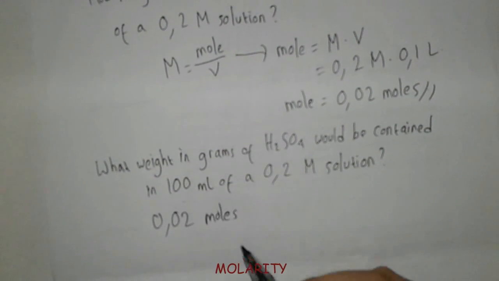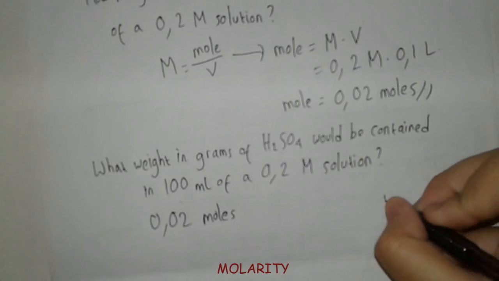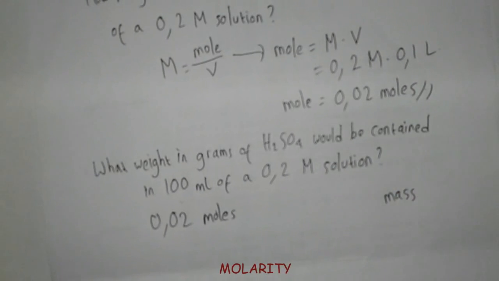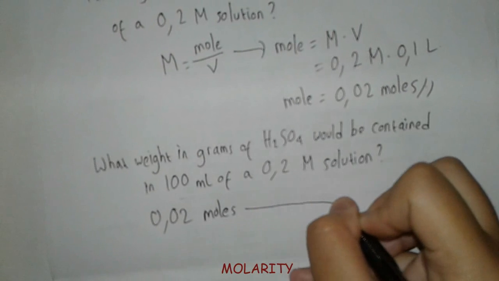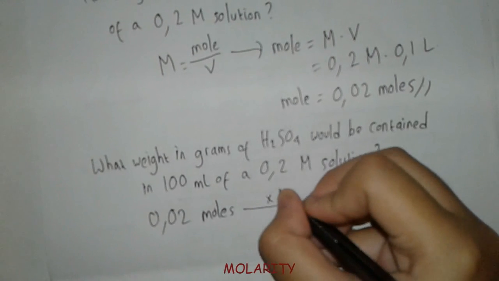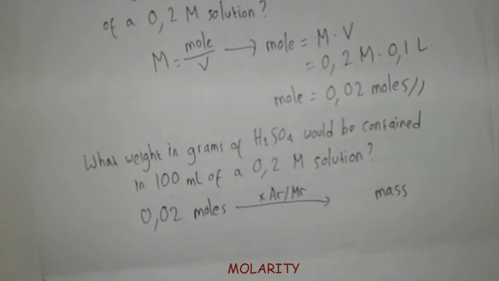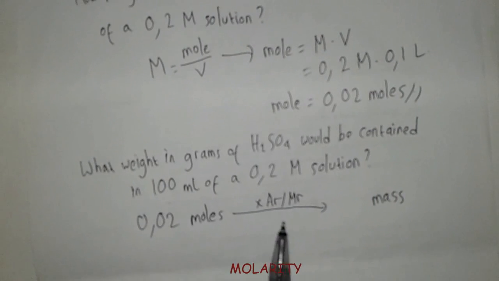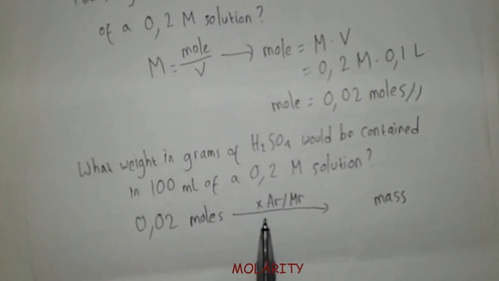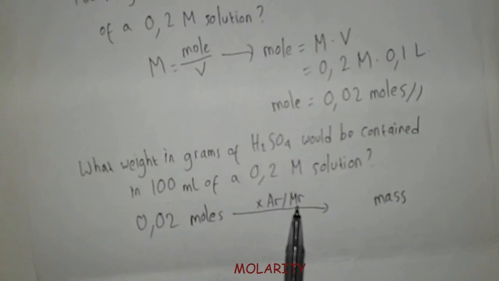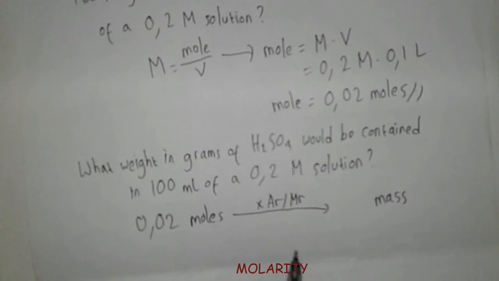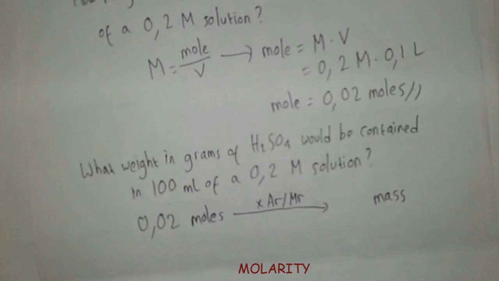To convert moles into grams, we just need to multiply moles by the atomic relative mass or molecular relative mass. Because sulfuric acid is a compound, we need to count the molecular relative mass first.